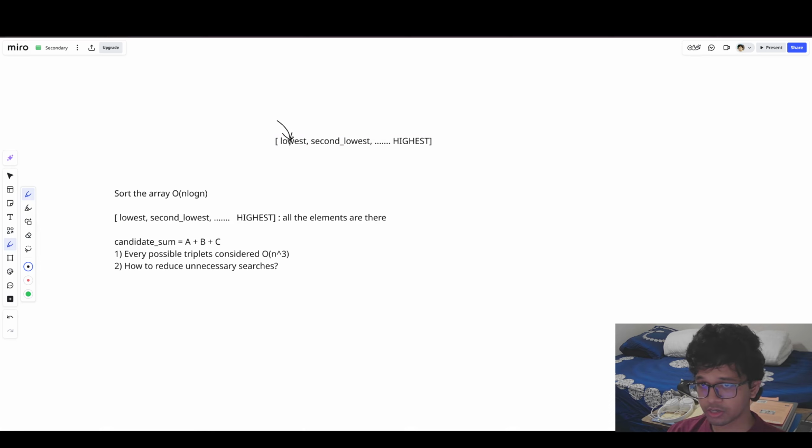So let's take this one item, and we are considering this one and this one at the beginning, and now we are summing it up. So A, B, C, and we are comparing it to the target. Our target is somewhere. So this is our candidate sum.